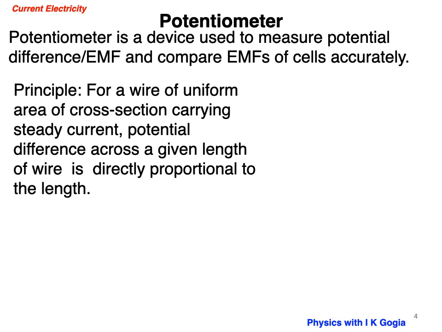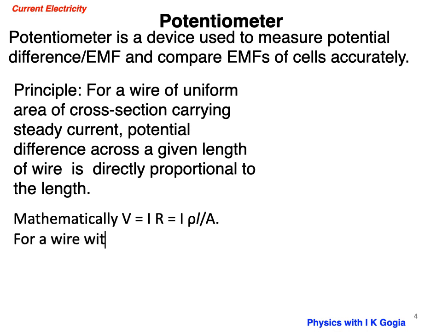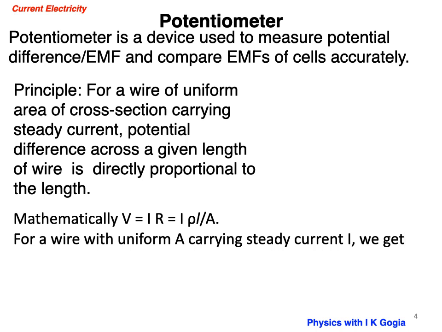For a wire of uniform area of cross section, that is a part of our construction, carrying steady current, the potential difference across a given length of wire is directly proportional to the length. Mathematically, we have V equal to IR, or substituting for R, we get I rho L by A. If the wire has a uniform area of cross section and the current is steady, rho is otherwise a constant for the material of the wire, so this term is a constant.